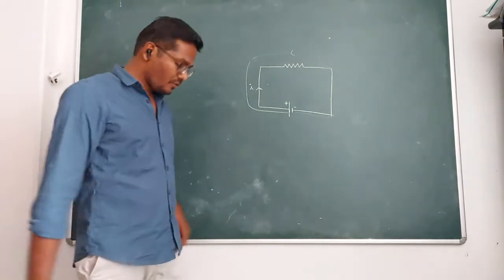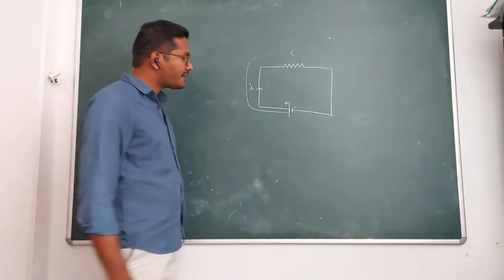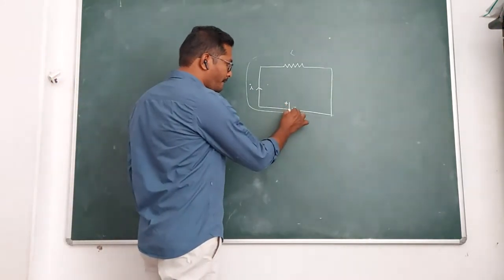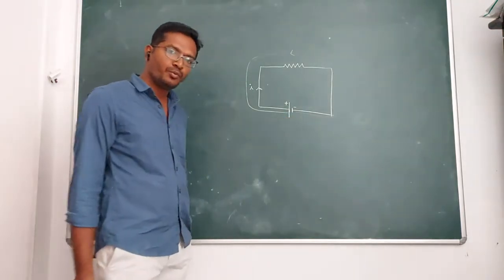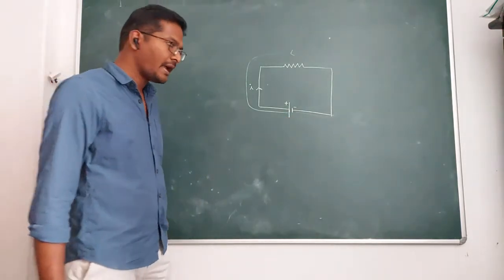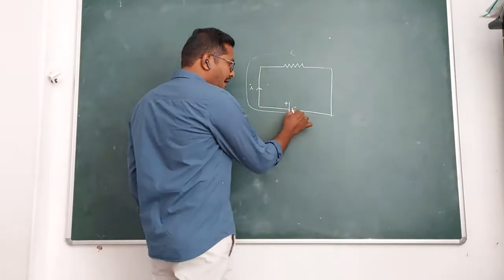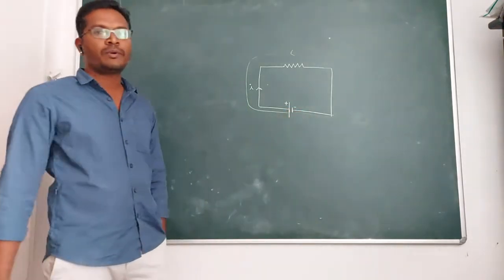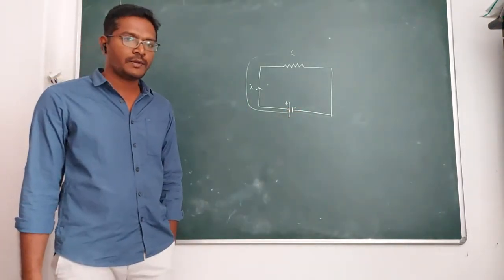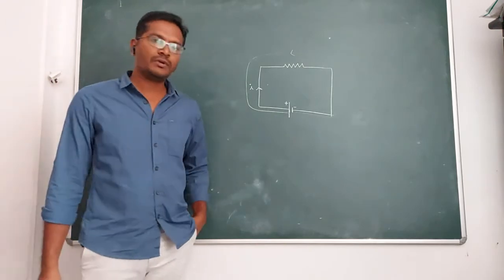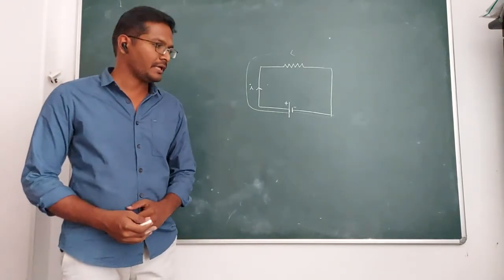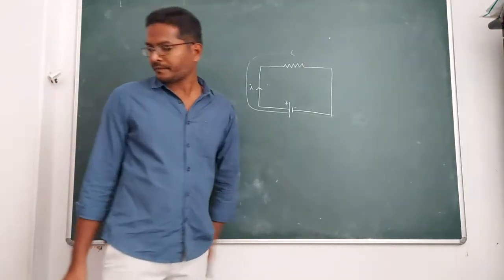Okay, so now we are discussing how a battery develops a potential. A positive potential is developed on the battery at one terminal, and a negative potential at the other terminal. This is what we are going to discuss here.